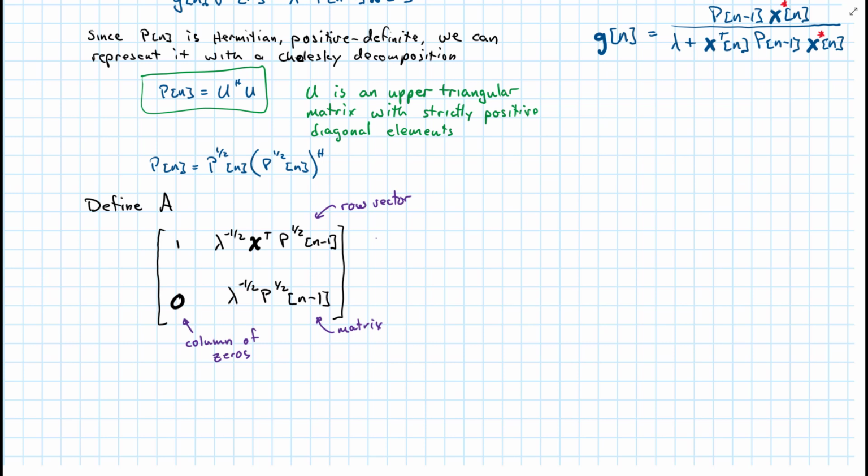And once we have this, just for completeness, let's go ahead and write down what this is going to look like. We'll still have our 1 here. We'll now have a row of zeros.